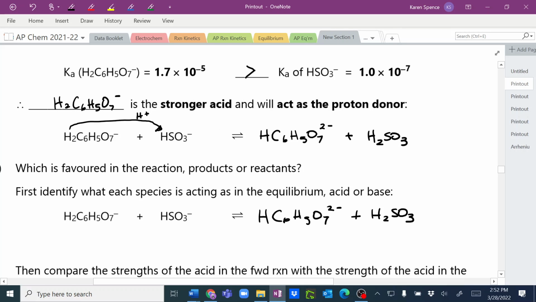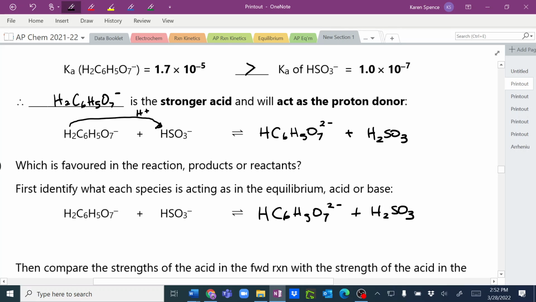Who are our two acids in this equation? This is an acid here because it's giving a proton. And our acid in the reverse reaction is H2SO3. And now we have to compare those acid strengths.